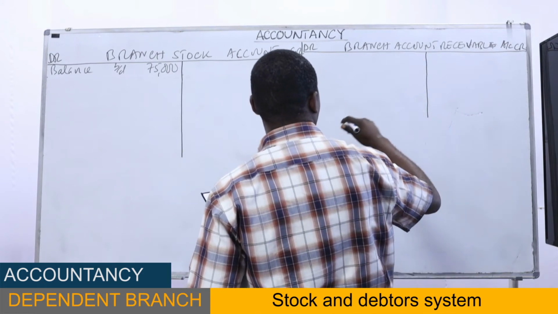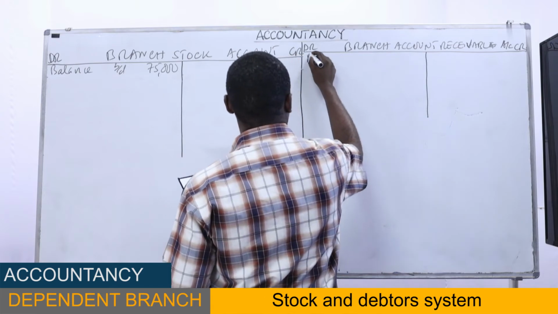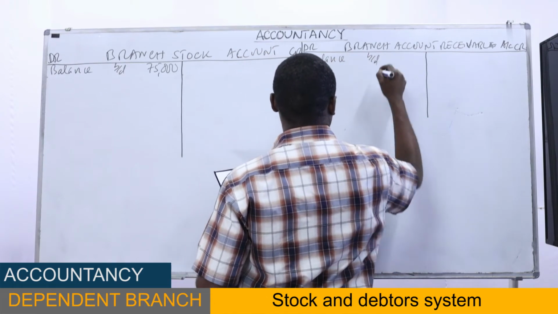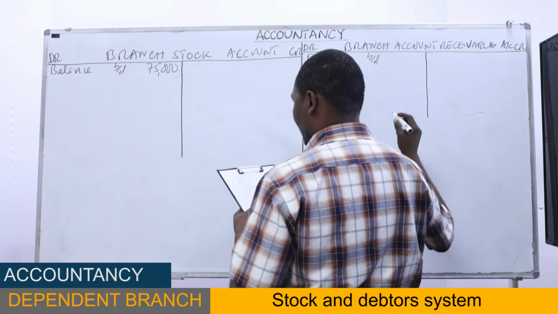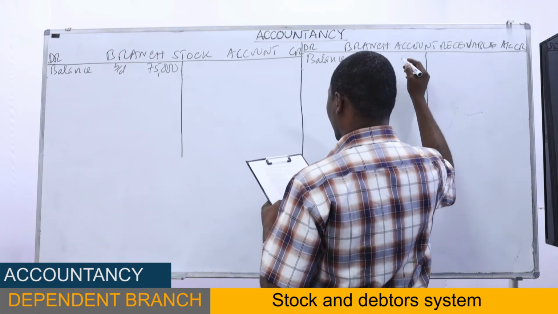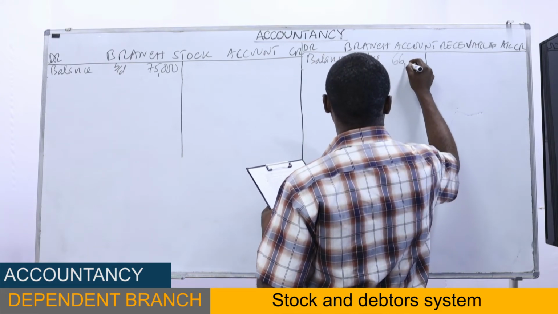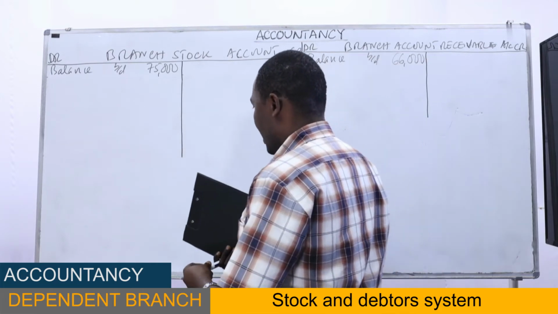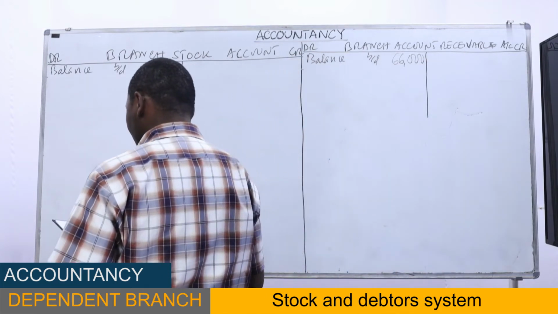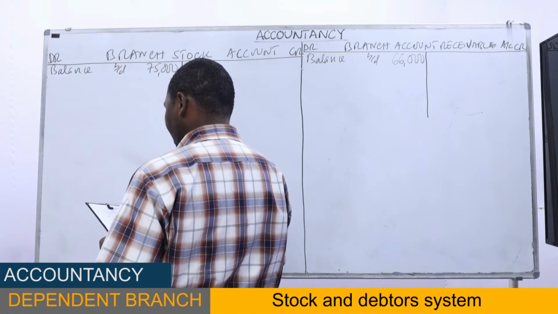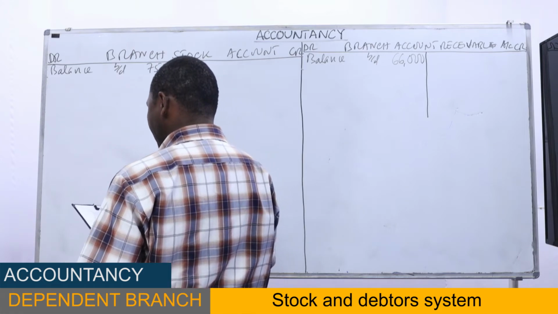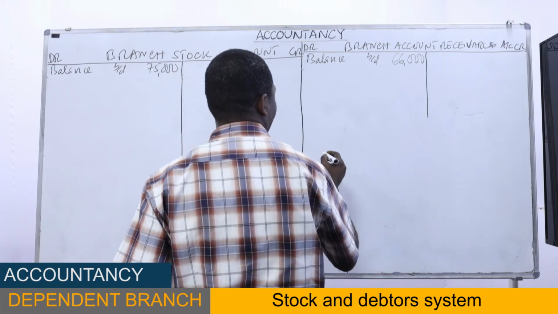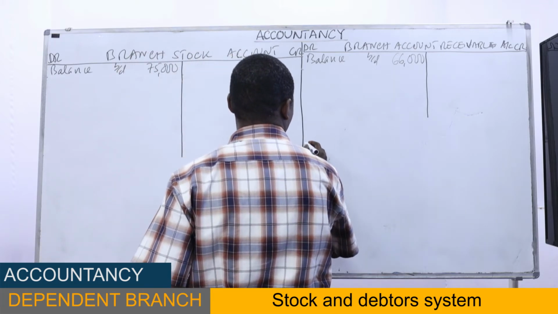In other words, debt account. It has also a debit balance. Balance brought down. It is, yes, 66,000. Well, the other opening balance was for bank balance. Let me open it here.